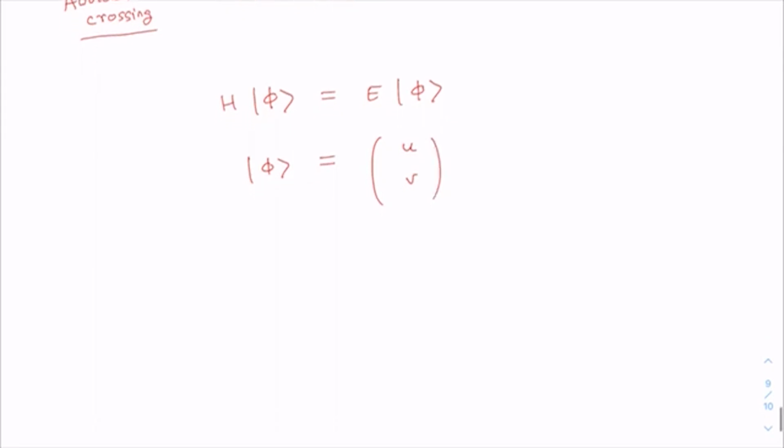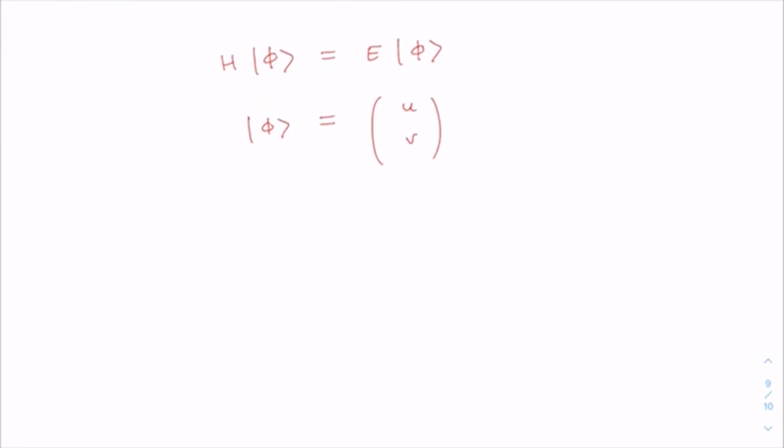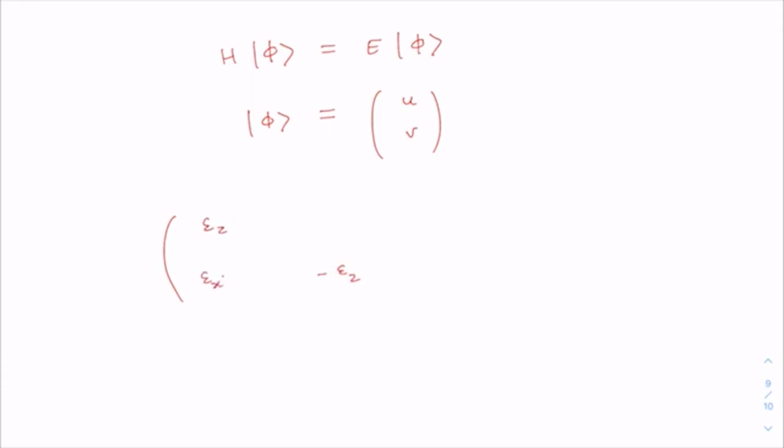Our goal would be to find the elements u and v. Now from the eigenvalue equation, I have this eigenvalue equation: (epsilon z, epsilon x minus I epsilon y; epsilon x plus I epsilon y, minus epsilon z) acting on (u, v) is equal to E (u, v).